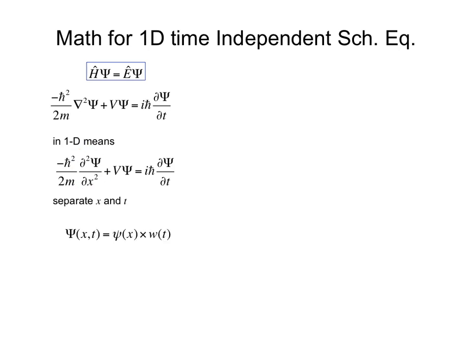To simplify this problem further, we will use separation of variables to get the time-independent Schrödinger equation. To do this, we separate capital psi, the total wave function, into lowercase psi, the time-independent wave function, times a function dependent only on time.